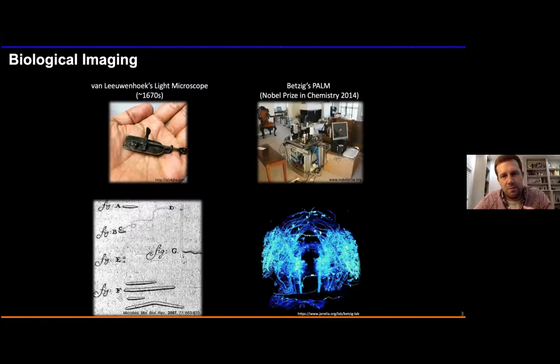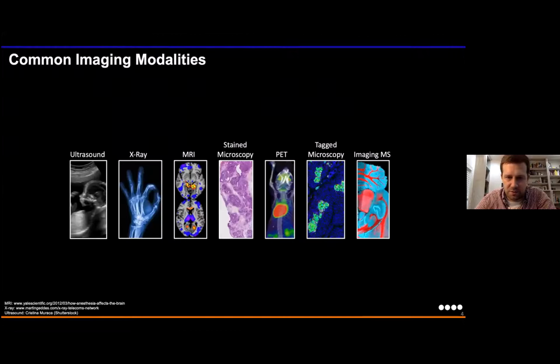And that's really important because one of the easiest ways we have for understanding complex systems and for conveying that understanding and information to other individuals is through the use of images.